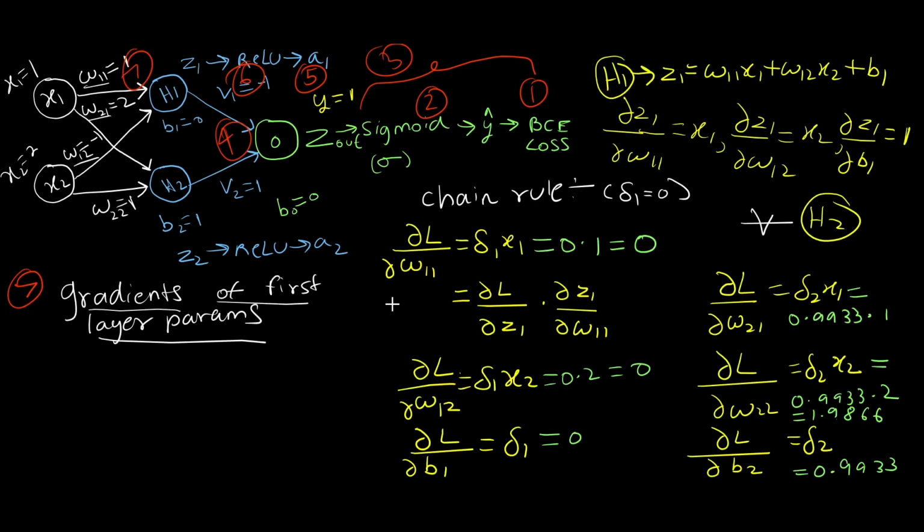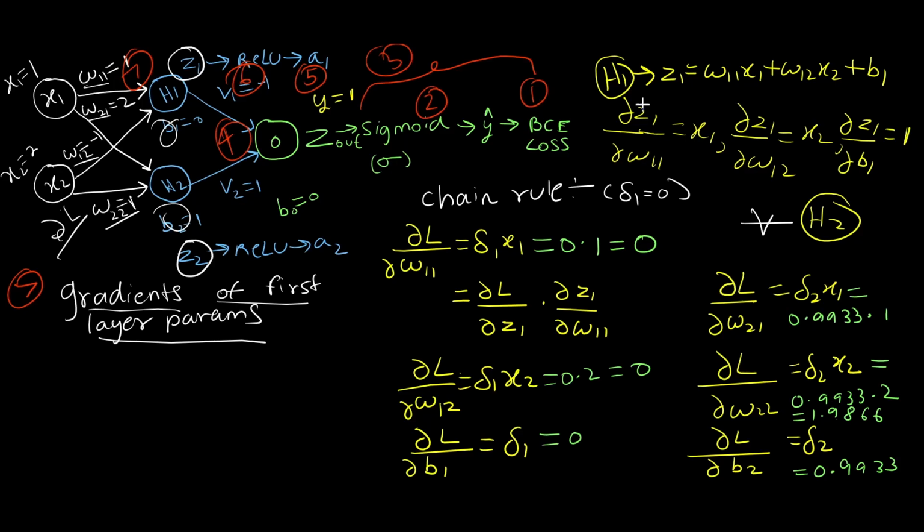So now let's calculate the gradients of the first layer parameters, which is step 7. We're going to move from this weighted sum and calculate the gradients of the loss function with respect to each of these four weights and these biases.